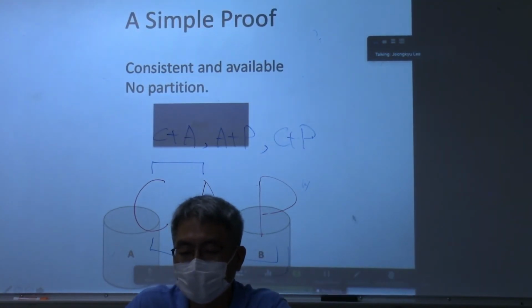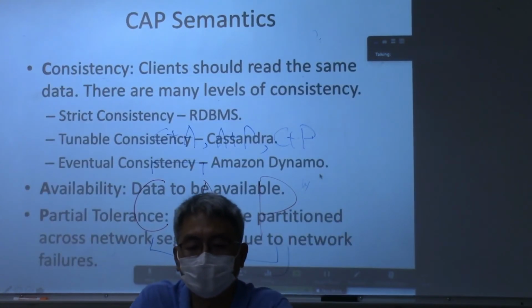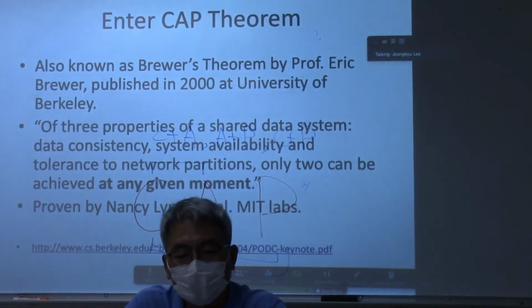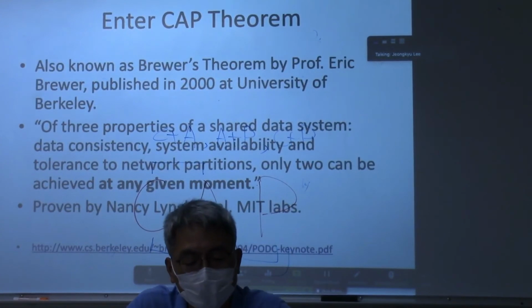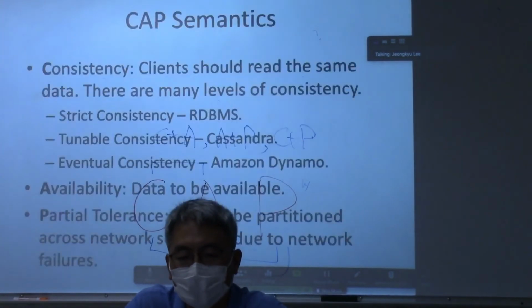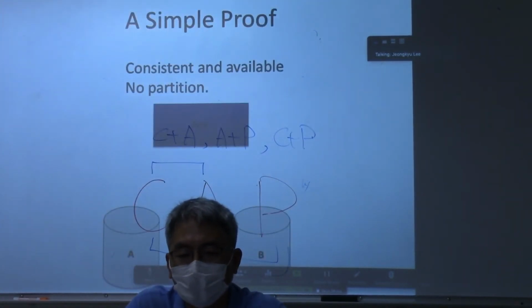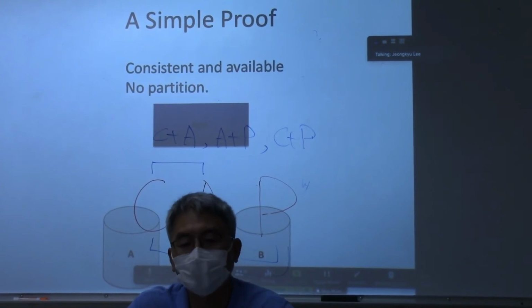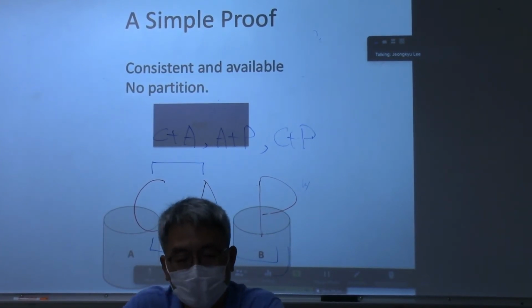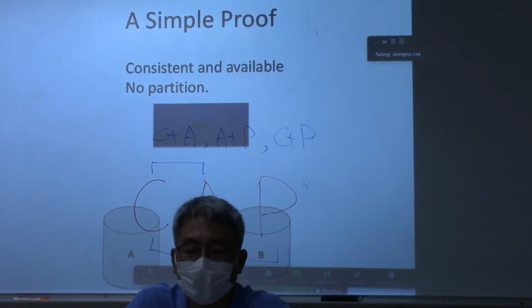If you see the paper mentioned here, you can find the official proof of the CAP theorem, but in this class we are going to see a very high-level, simple proof of it. Suppose there is a system that is consistent and available. That is fixed, and then we check the partition.